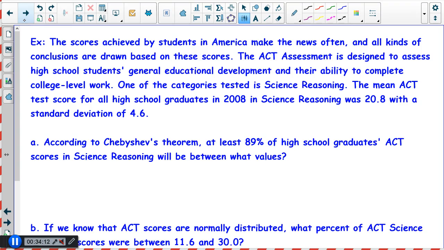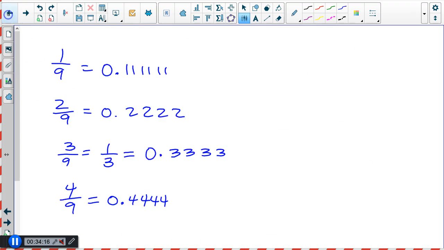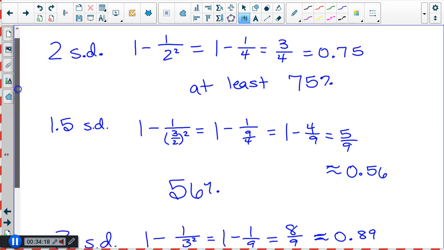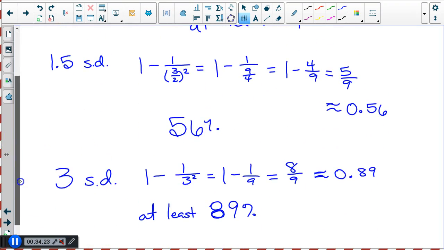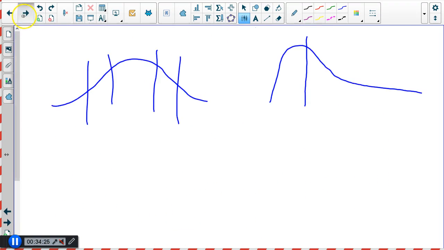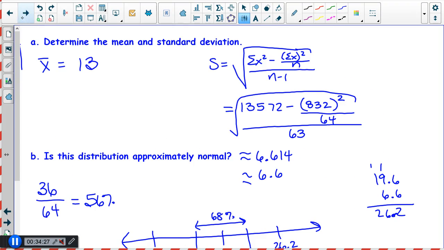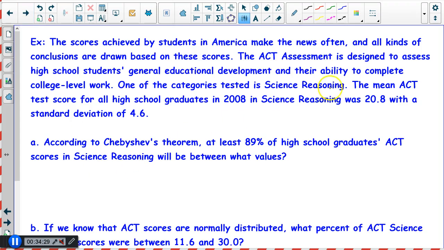Well, remember, 89% was how many standard deviations away? 3. Good. Did y'all write this down? Yes. Good. So 3 standard deviations. So what does that mean? It means we'll take the mean, so 20.8, and it's plus or minus, right? 3 times what? 4.6, because it's 3 standard deviations.